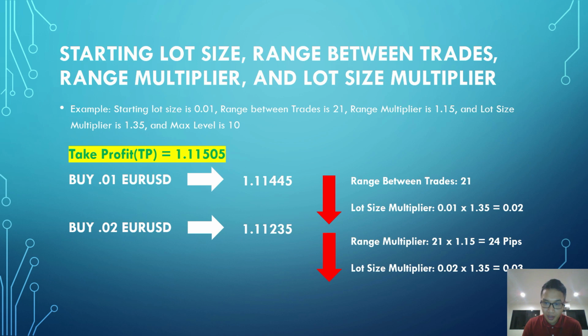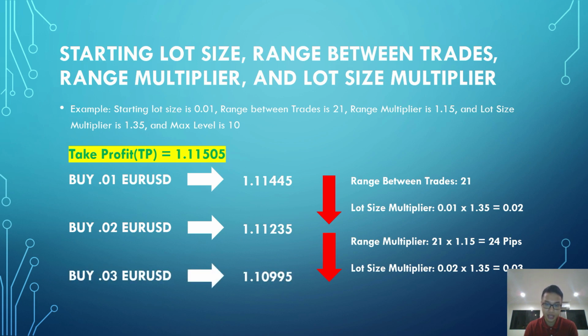So that's 21 pips times 1.15, your range multiplier. So that's 24 pips from the current order, that's 1.11235. If it still goes down by 24 pips, then it will order another one, which is 0.03.